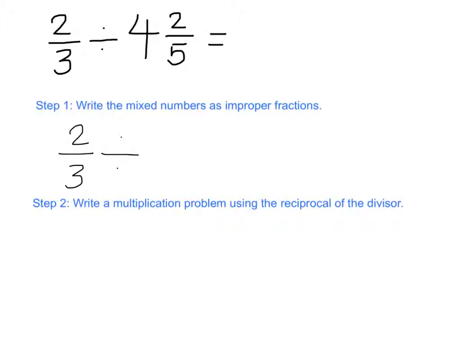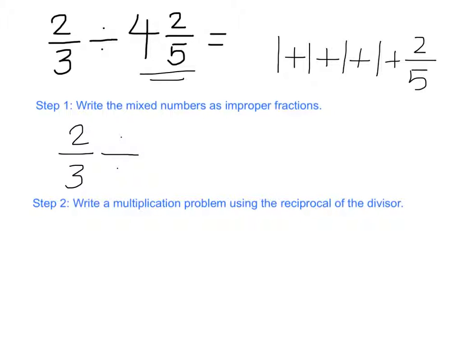Good, because another way you can think about it is, 4 2/5 is the same as 1 plus 1 plus 1 plus 1 plus 2/5, right? Would you agree? Yeah.